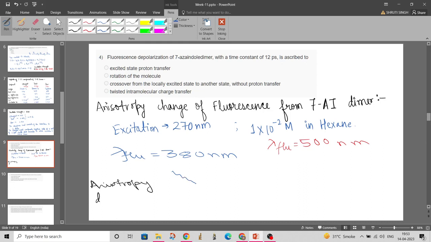It had an ultrafast component, and then this part. So this part was the ultrafast component. And in the red edge, it was like this. So this was 12 picosecond.